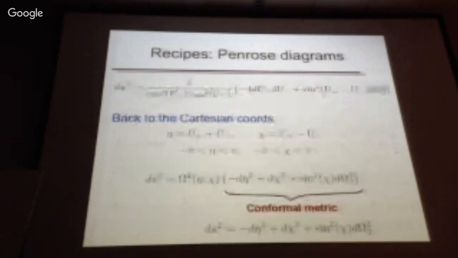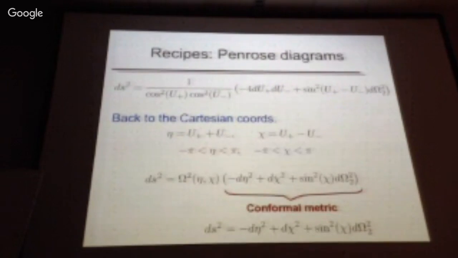Then I can go back to something like time and radius, as I had before, by choosing a combination of u plus and u minus. This will be my new time and my new space: eta my new time, chi my new space.